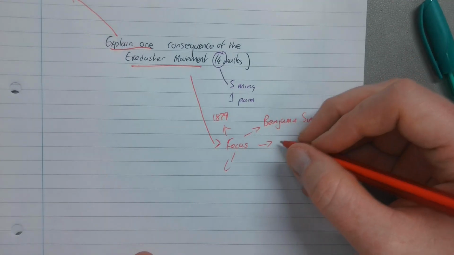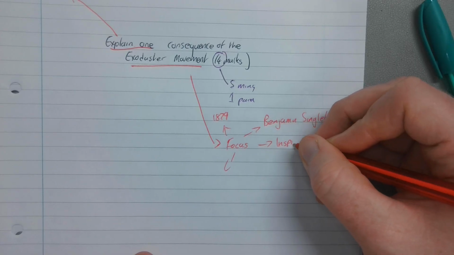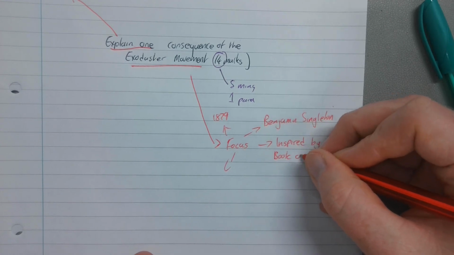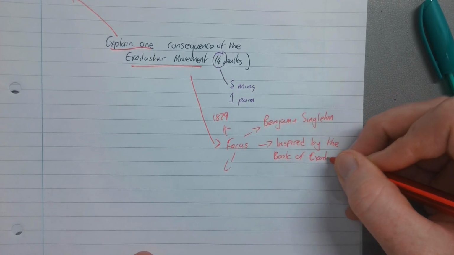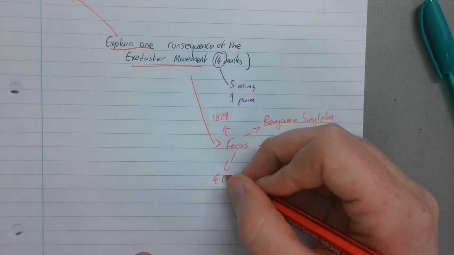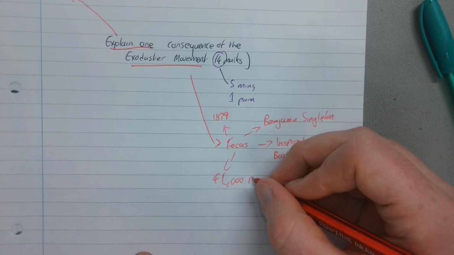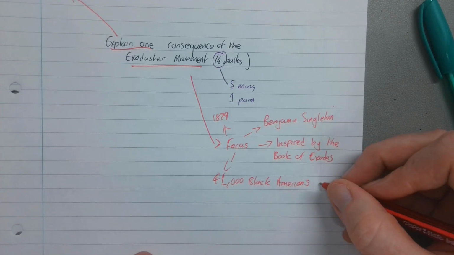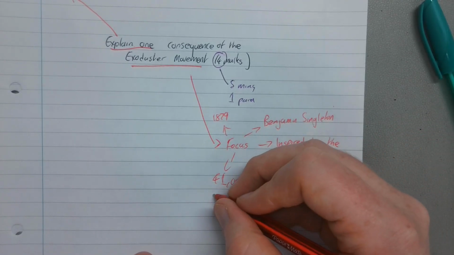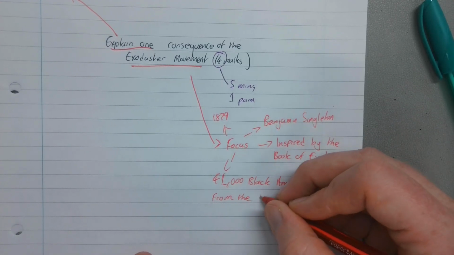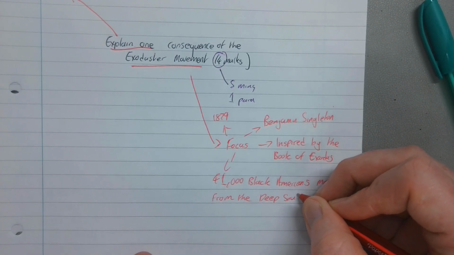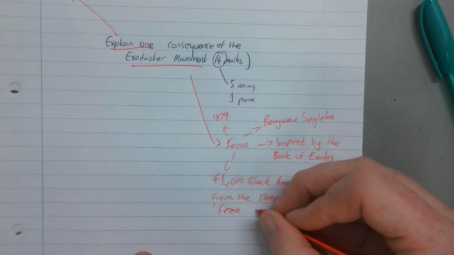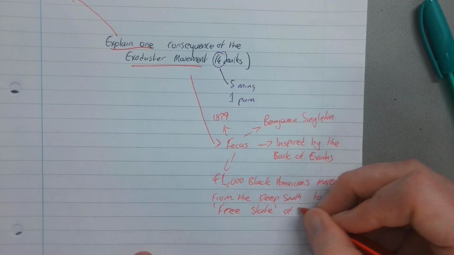Firstly, it was inspired by the book of Exodus from the Bible, hence the name. 41,000 black Americans moved from the Deep South to the free states of Kansas.